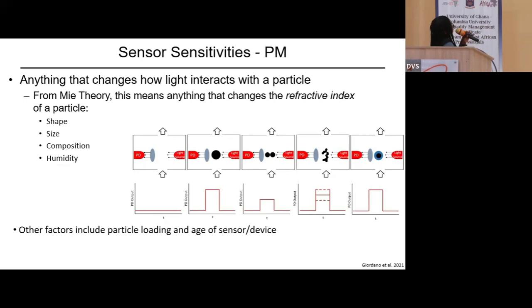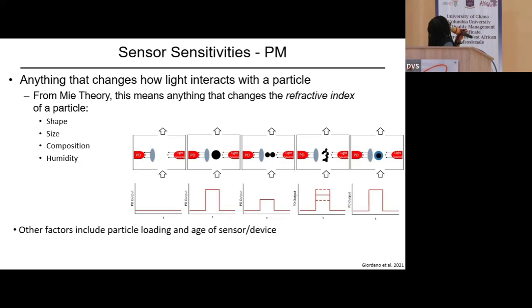Talking about sensor sensitivity, there are a lot of factors that affect sensor sensitivity. You have the shape of the particle, the size of the particle, the composition of the particle, and humidity. I mentioned before that we do passive and active sampling. Those PMs can carry metal, can carry organics, can carry different kinds of pollutants.